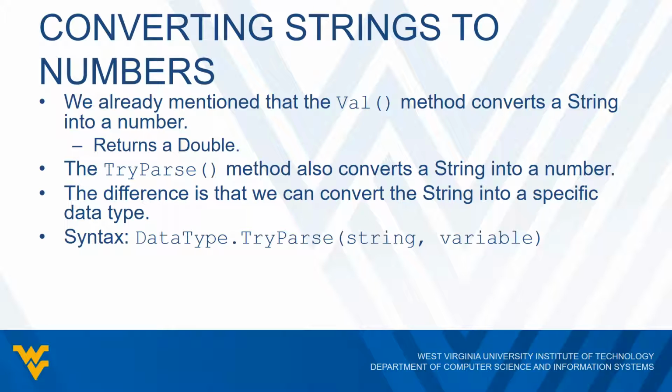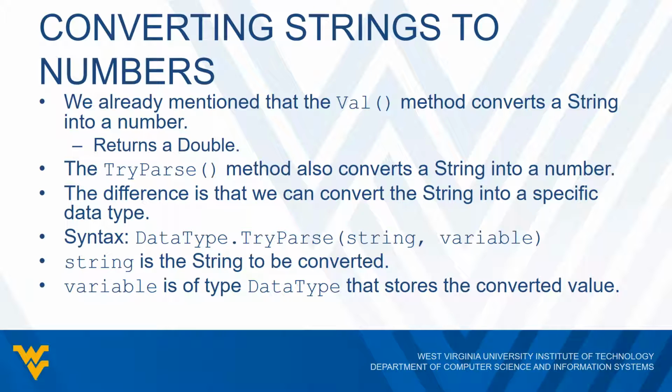So let me give you the syntax for this. The way we would call this is we would have some data type, a dot, and then TryParse with the T and the P capitalized. We'd have our parentheses, and then our parameters would be some string, which here we're calling string, and then a variable, which we call variable. So here, string is the actual string that we're trying to convert, and the variable does two things for us.